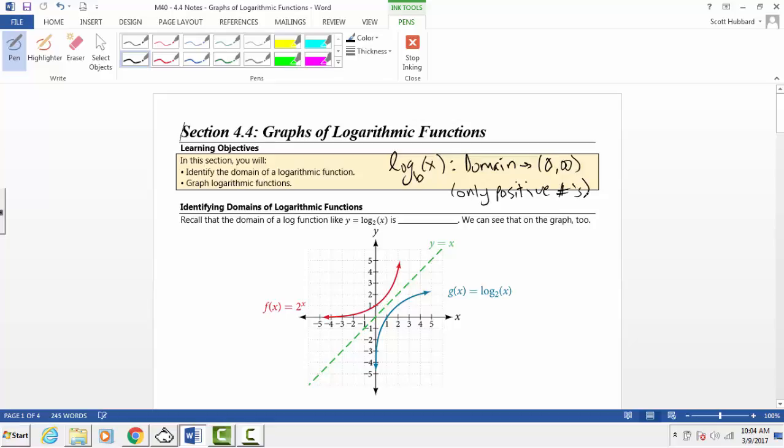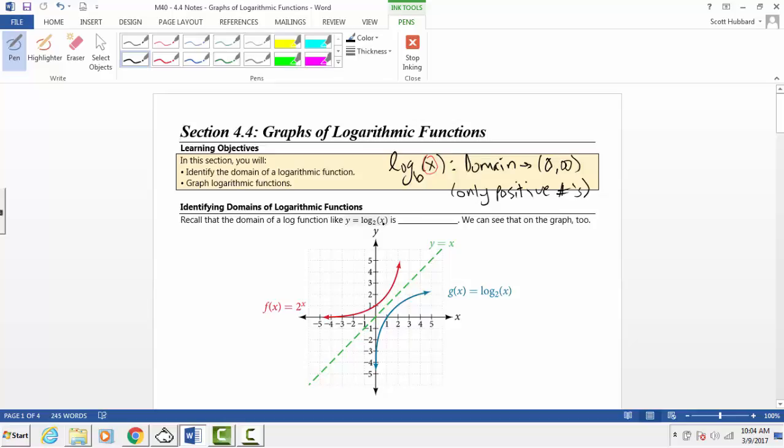Those are the only numbers that are allowed to go inside the log. Inside here, the fancy word for that is the argument. So the argument of logs can only be positive numbers. It just means that the only numbers that are allowed to be put into a log are positive numbers.